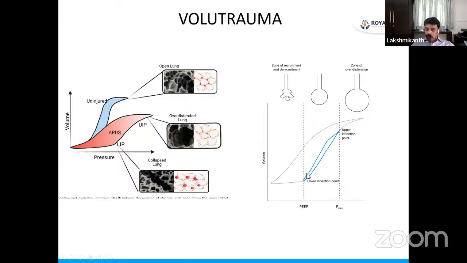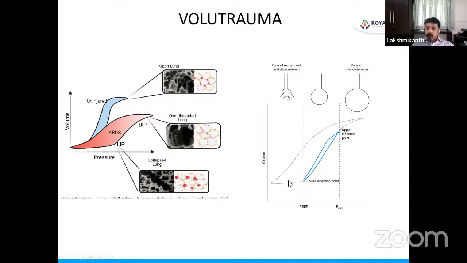It is not equal, because at any pressure level there is always more tidal volume in the lung that is expiring than in the lung that is inspiring. So there is always a difference in the tidal volume. That is the reason why these two are not the same. During inspiration it goes like this, and during expiration it comes down like this.